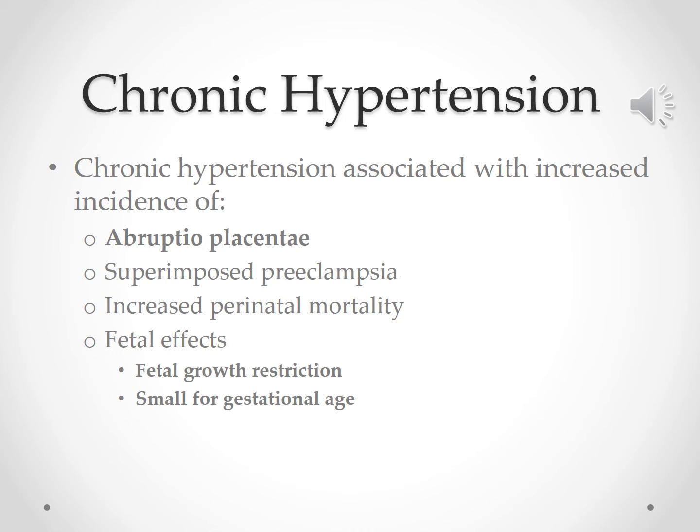You can get the progression, get the proteinuria, so you have superimposed preeclampsia, obviously an increased perinatal mortality, and if you have decreased perfusion to the placenta, stands to reason you're going to have a reduction in the micro and macronutrients and the oxygenation to the fetus, so you're going to have intrauterine growth restriction and small for gestational age babies.